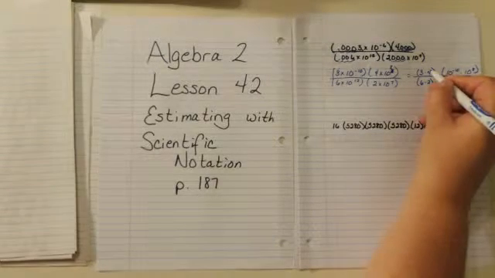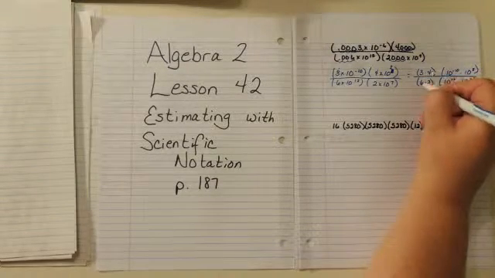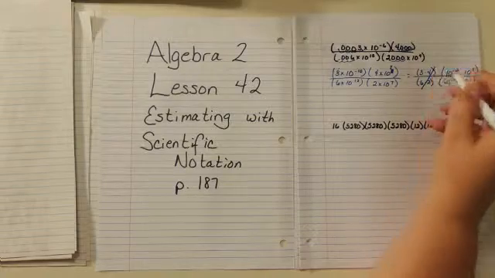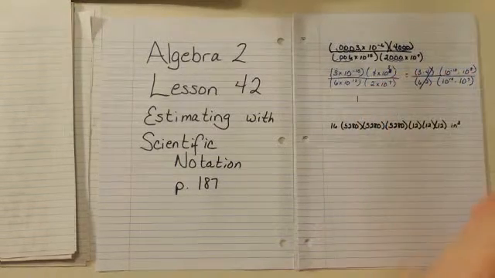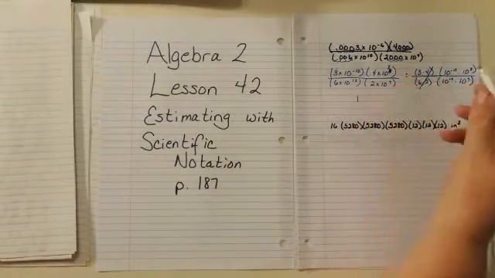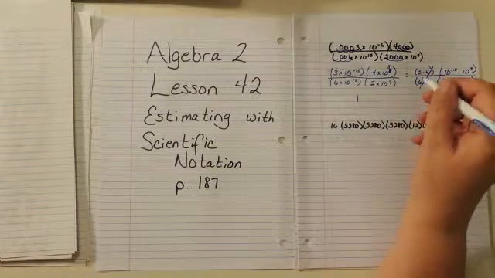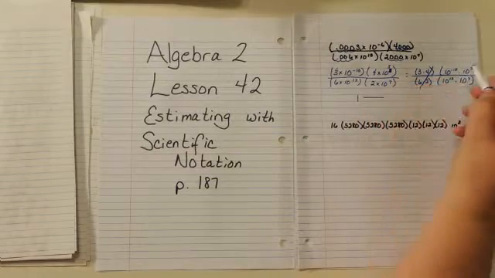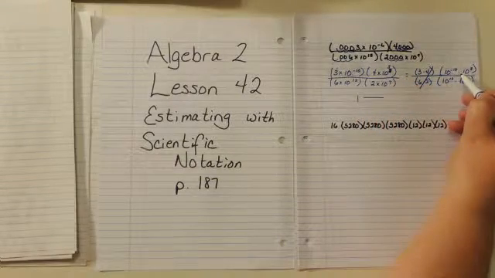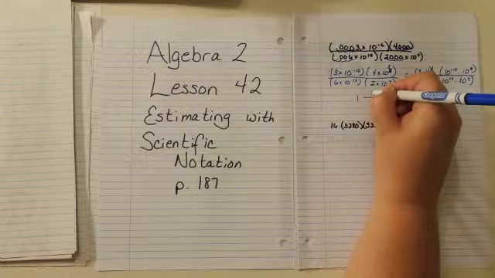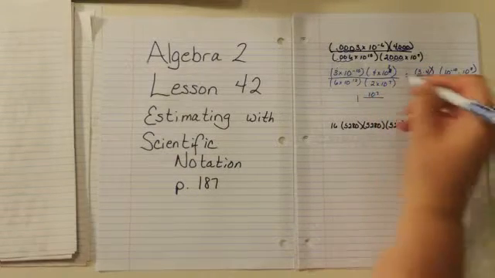Okay, 3 times 4 is 12, and 6 times 2 is 12, so this cancels, and it's going to leave us with a 1. That makes life easier. And then we're going to have this fraction. We have 10 to the negative 10, and 10 to the 3rd, that's going to be 10 to the negative 7.